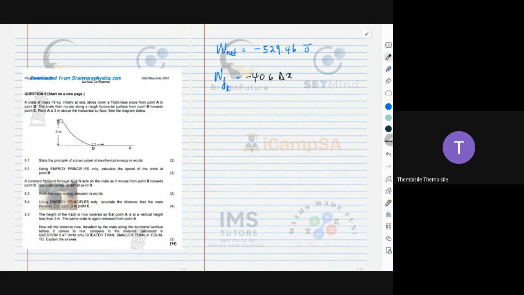And then since we know that this is the only force that is acting on the object at the moment, we can say the work net here is equal to the work done by the frictional force, which is going to be 529.46 equals 40.6 delta. Divide, divide.